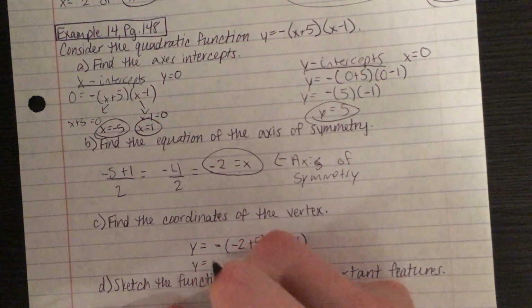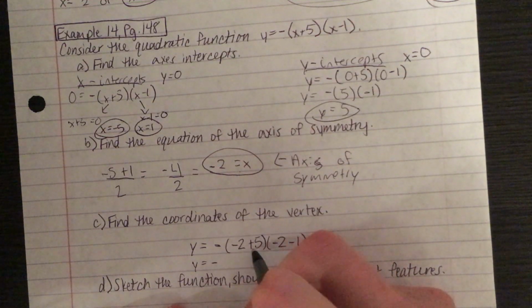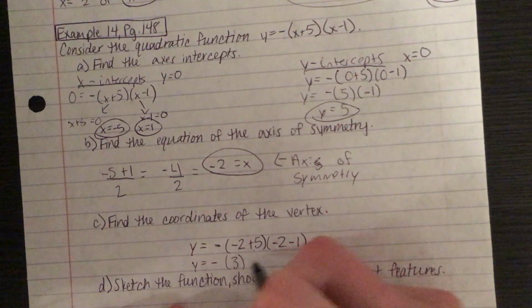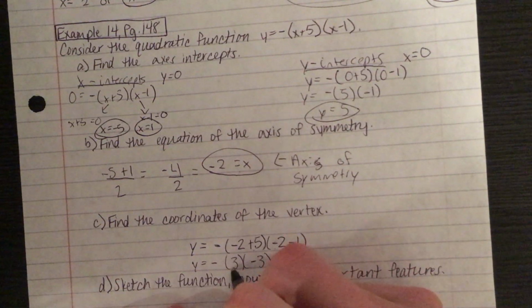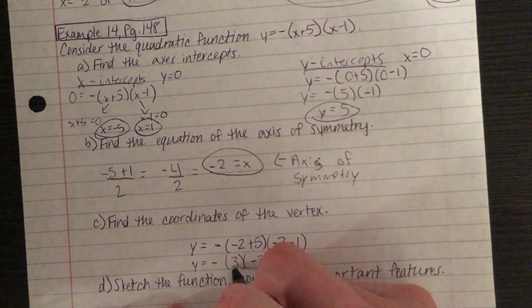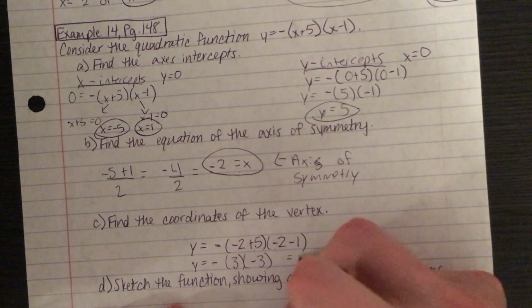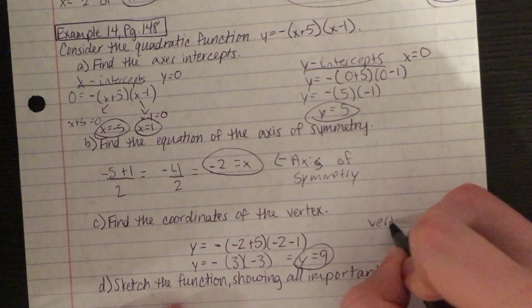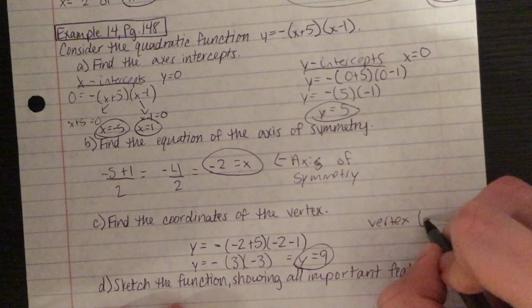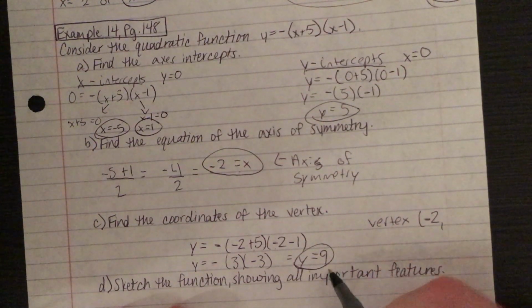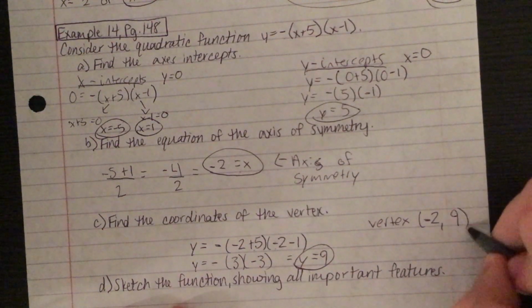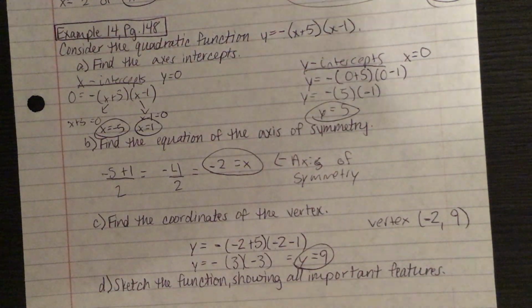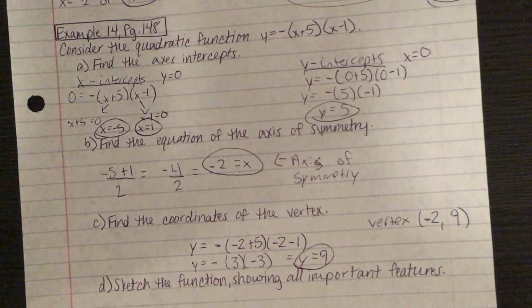So y equals negative, let's see, negative 2 plus 5 is 3, negative 2 minus 1 is negative 3, negative times 3 times negative 3 gives y equals 9. So our vertex here has an x value of negative 2 and a y value of 9.